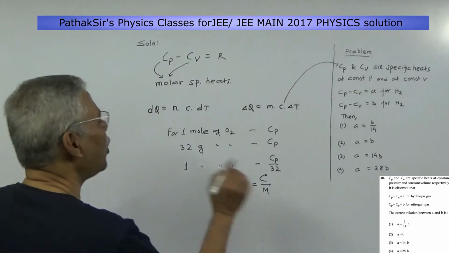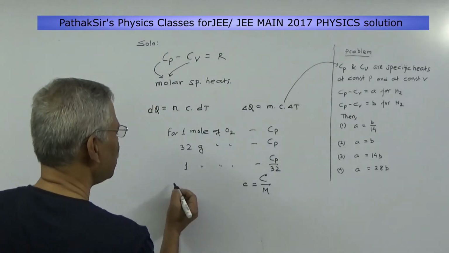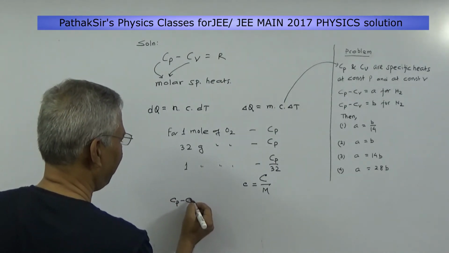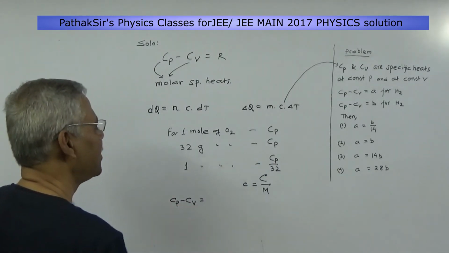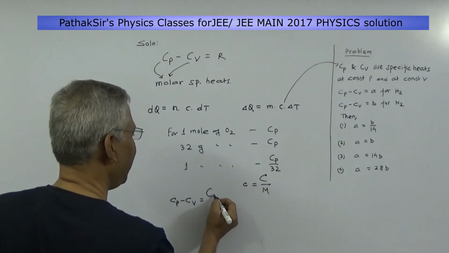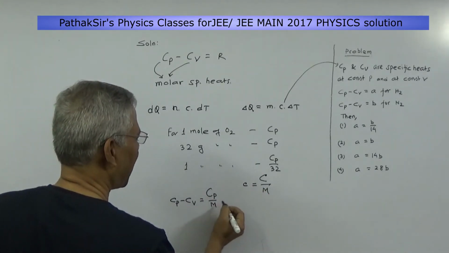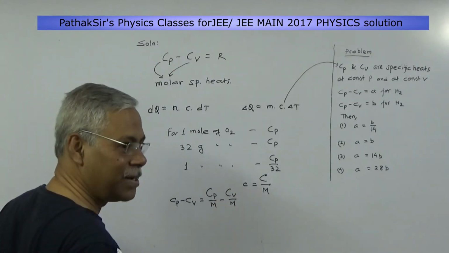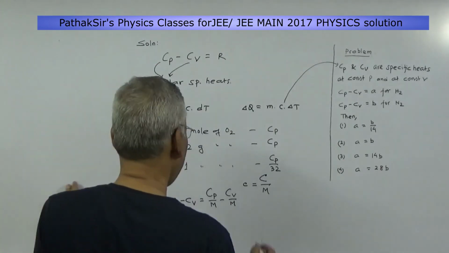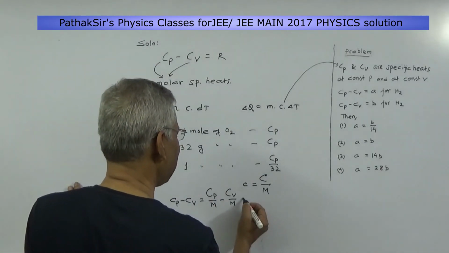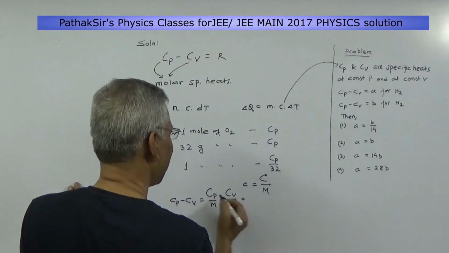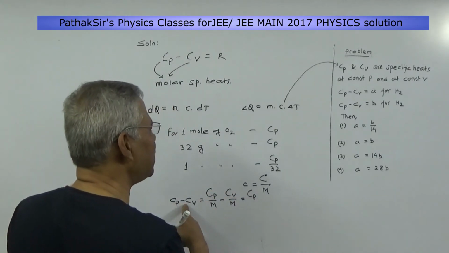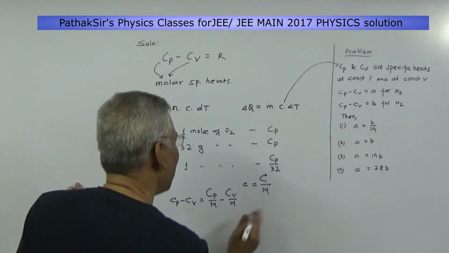So small Cp minus small Cv equal to capital Cp by m minus capital Cv by m. Or Cp minus Cv is R. So remember, small Cp minus small Cv equal to R by m.